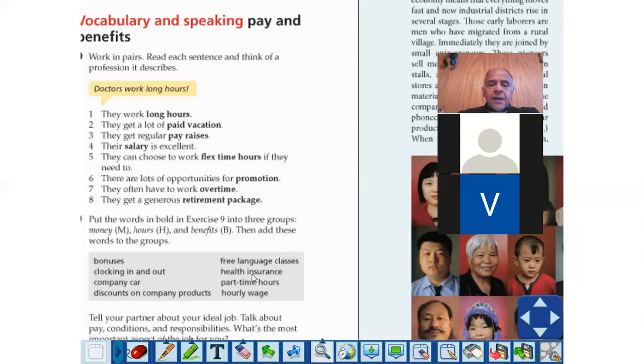For example, in the university, we have health insurance. What is health insurance?